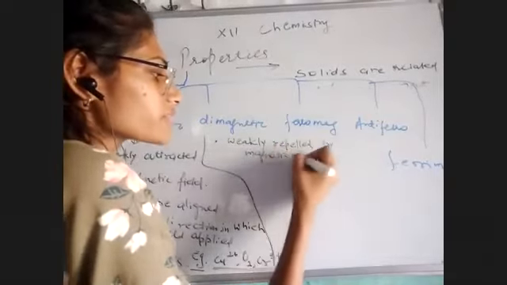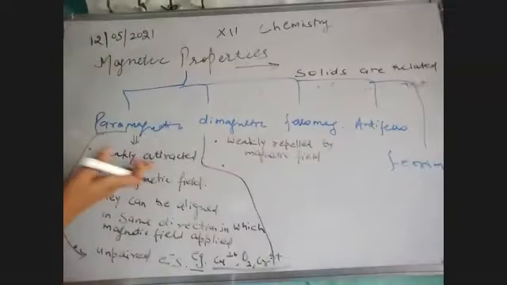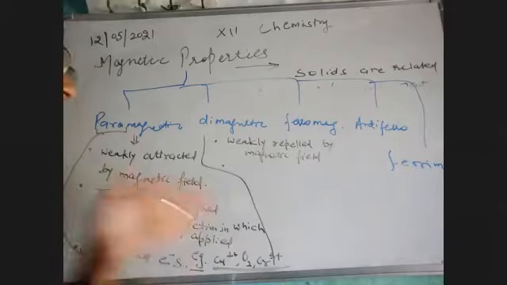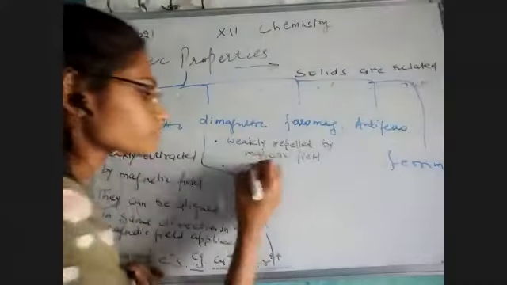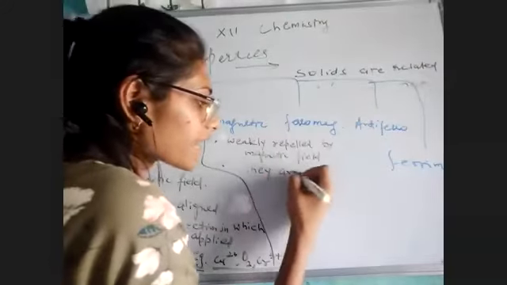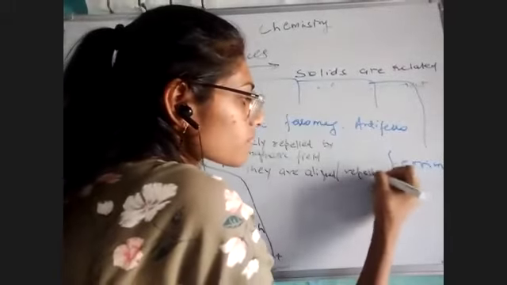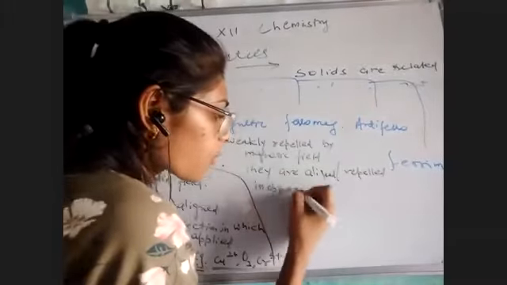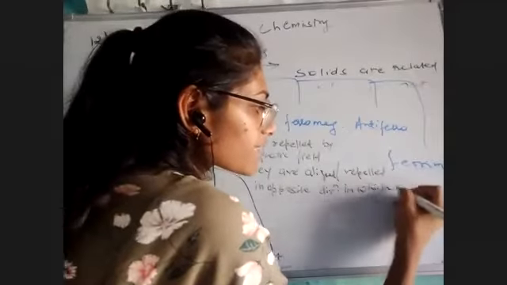The first difference between paramagnetism and diamagnetism is that one is weakly attracted but the other is weakly repelled. And I have told you that paramagnetic substances are attracted in the same direction in which the magnetic field is applied, but diamagnetic substances are repelled in the opposite direction to that in which the magnetic field is applied.